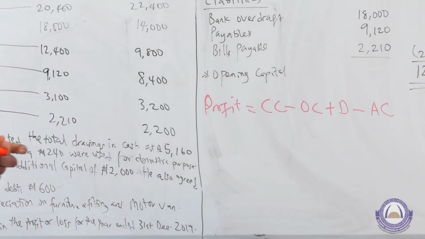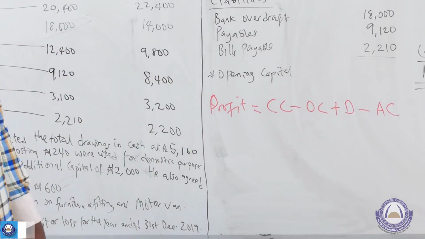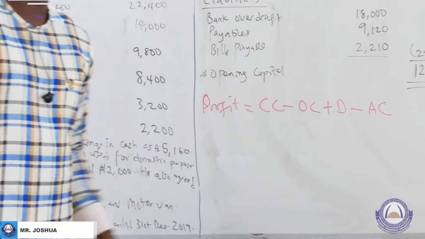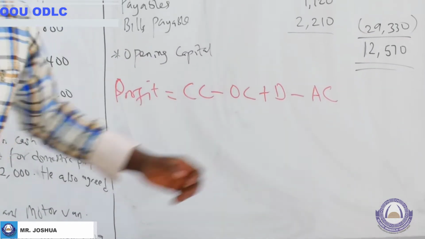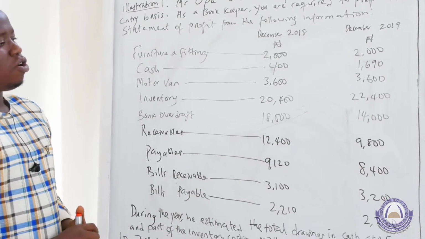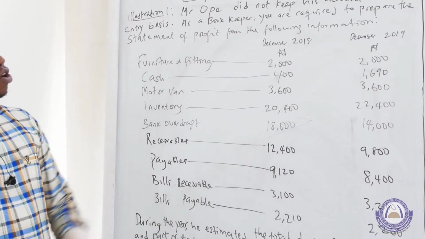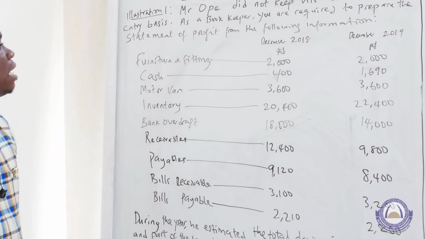To arrive at our profit, we have to ascertain our closing capital, the opening capital, the drawings if there is any, and subtract our additional capital. So based on this question, we'll pick each of the variables in the equation, one after the other, to arrive at our profits.